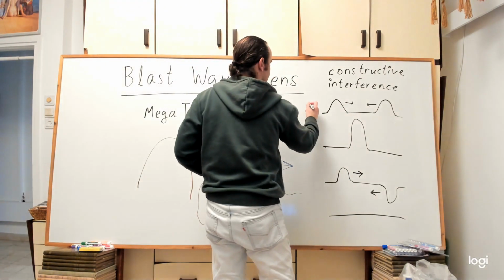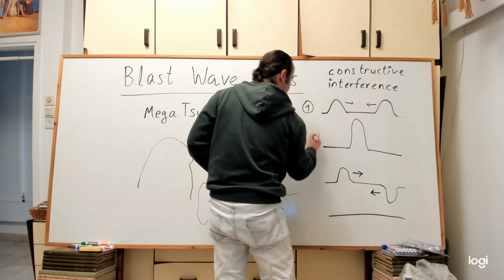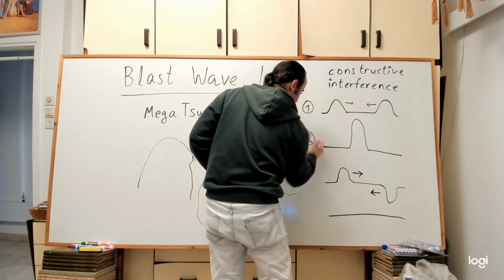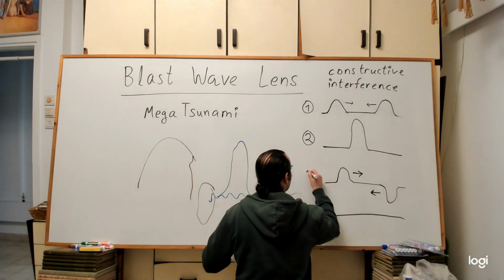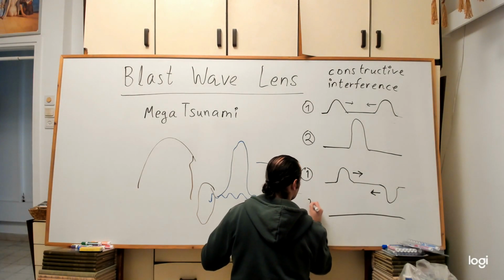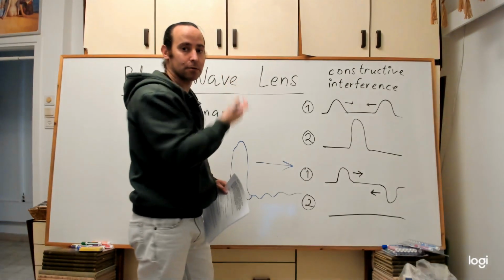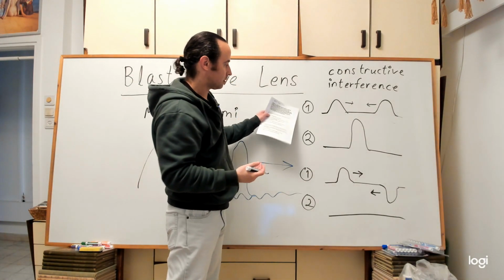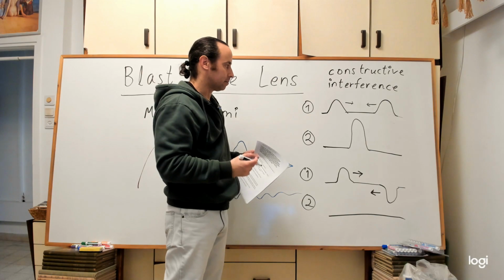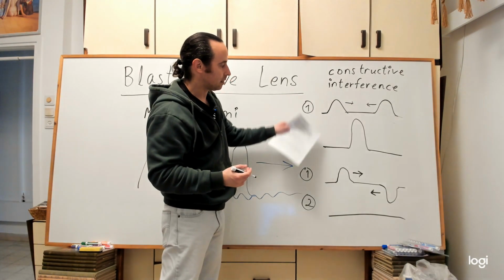This is time 1 and this is time 2, or even more accurately I would do 0 and 1. This is time 0 and this is time 1. But anyway, this is the beginning and this is the end.